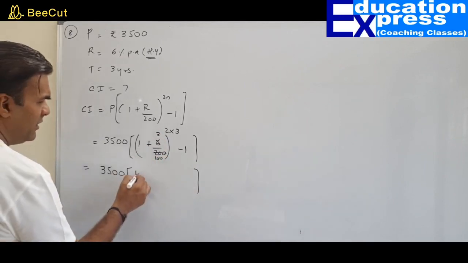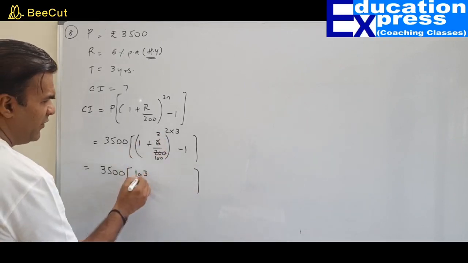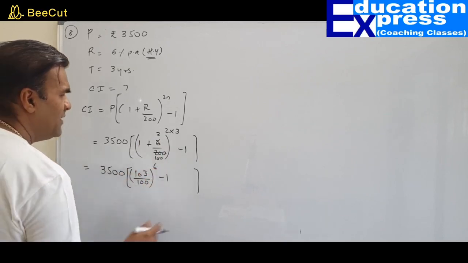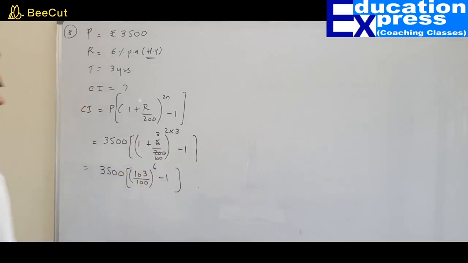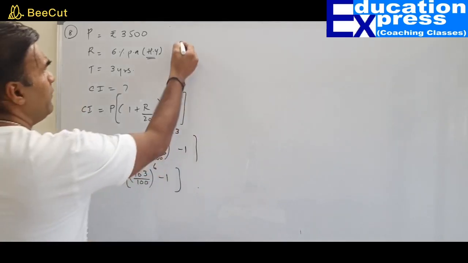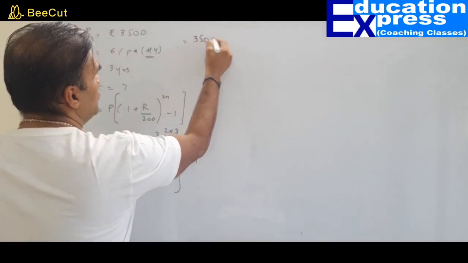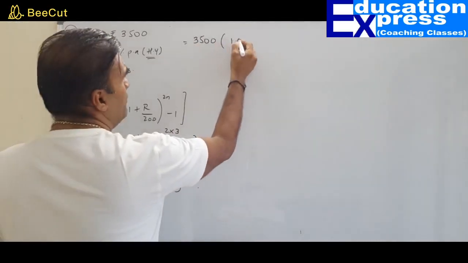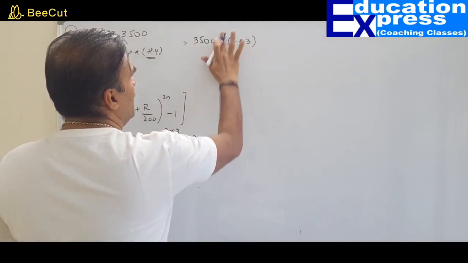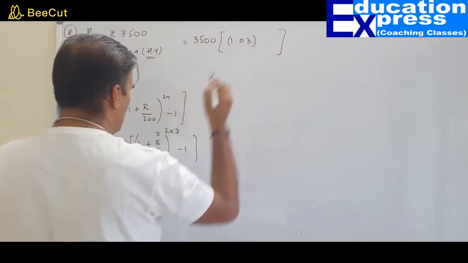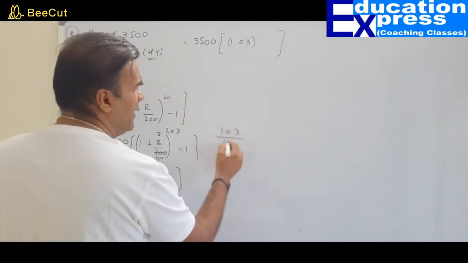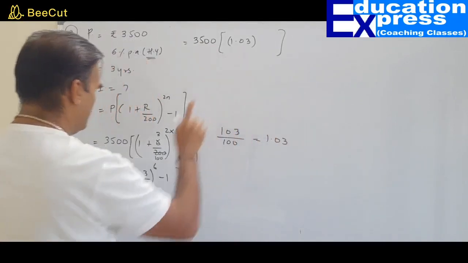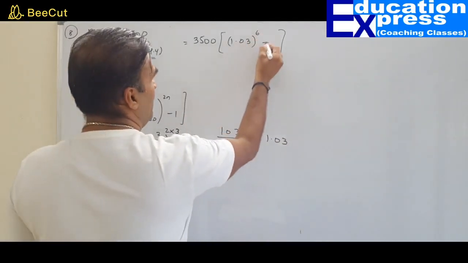So basically 100 plus 3, 103 upon 100 raised to 6, minus 1. We have to find this value. So how do we go about it? 3500. If you notice, 103 upon 100 would be 1.03, 103 divided by 100. So 1.03 raised to 6 minus 1.